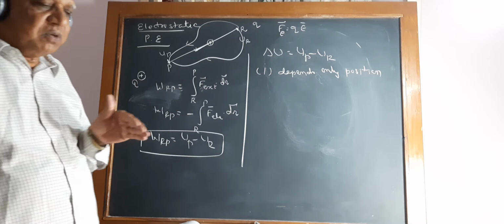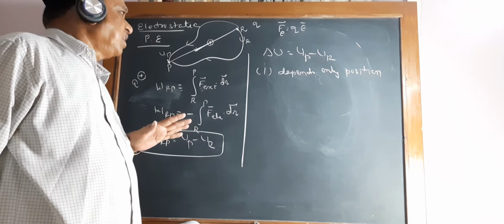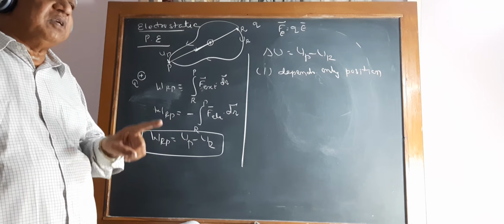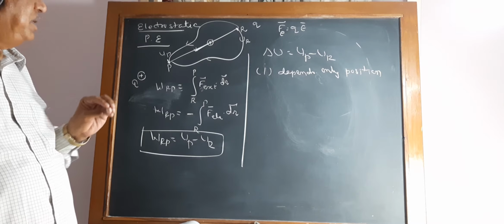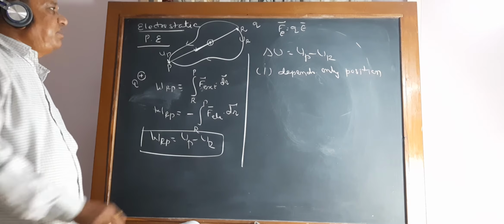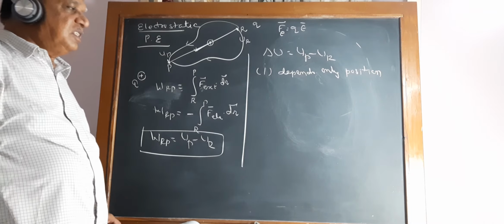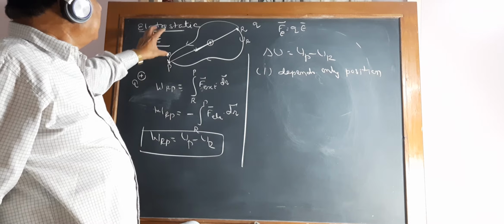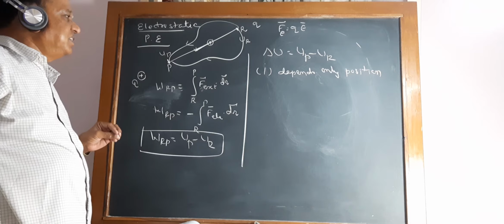Work done in moving a charge q from one point to another point does not depend upon path, only depends upon initial and final position. This can be proved by using Coulomb's law, and this conclusion gives that electric field is conservative field.